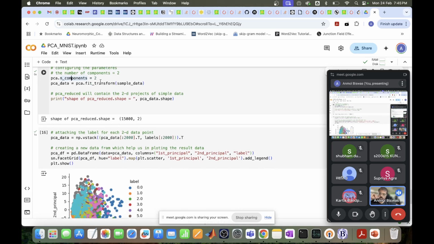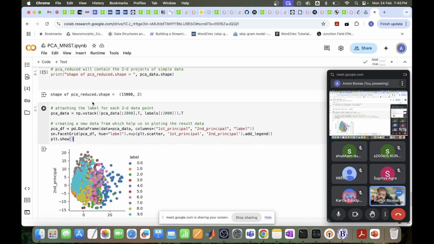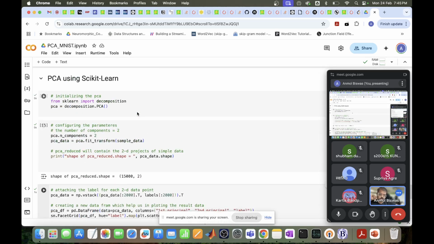So you just set the number of components, and then you do a fit transform on the sample data, and ultimately what you get is PCA data, which is the reduced-dimensionality data. Since we have set the number of components to 2, we get 2-dimensional data, and then I pick out some of these samples out of these 15,000 and plot them on a scatter plot to visualize in the same way that we were visualizing earlier.